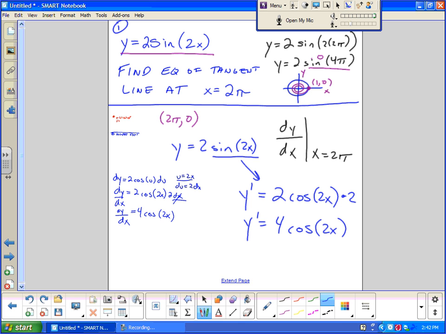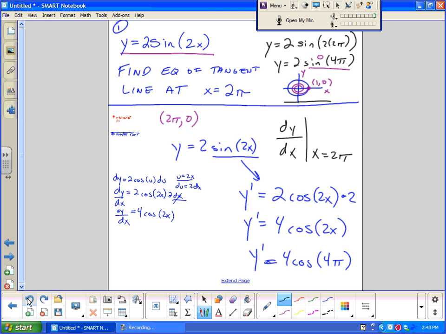Now I need to evaluate it at 2 pi. So I will plug 2 pi in and get my derivative at 2 pi is equal to 4 cosine. You guys agree 2 pi times 2 is 4 pi? And the reason I left this picture up here of the unit circle is cosine is the x value, which is 1.